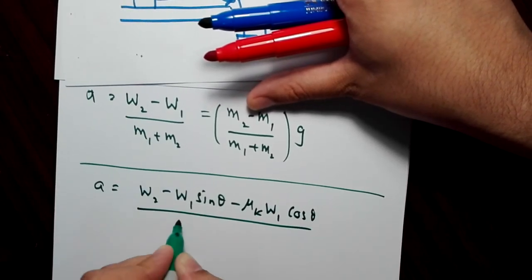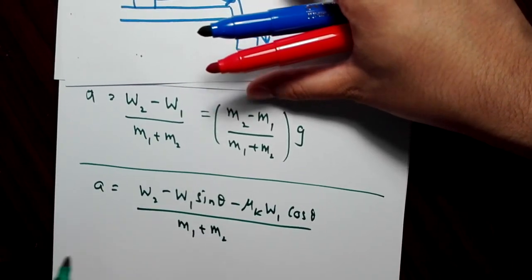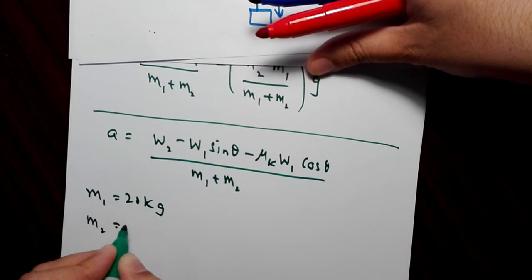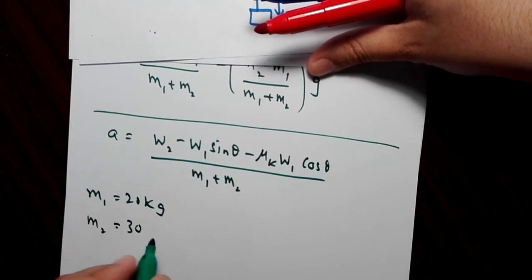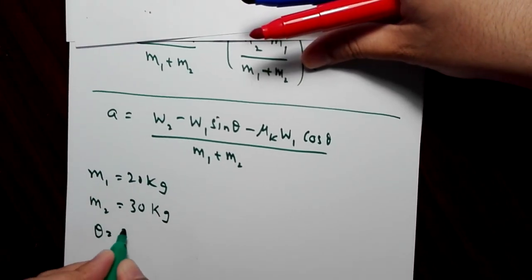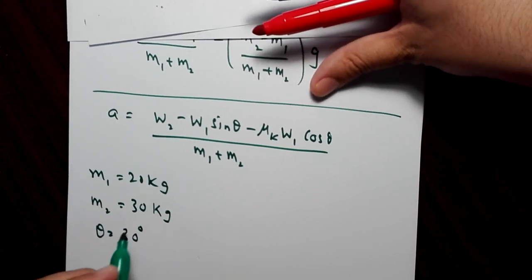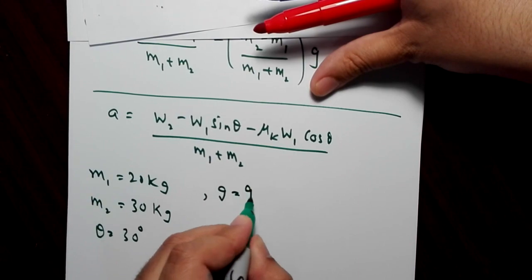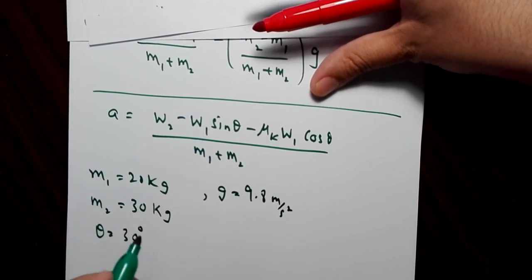Let's take easy numbers: m1 is 20 kilograms, m2 is 30 kilograms, and theta is 30 degrees. And of course g is 9.8 meters per second squared.